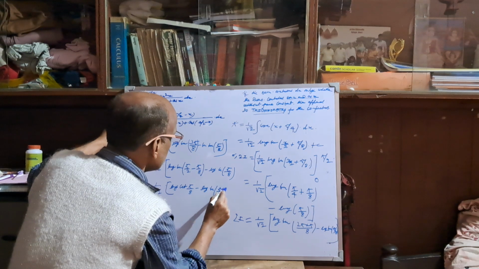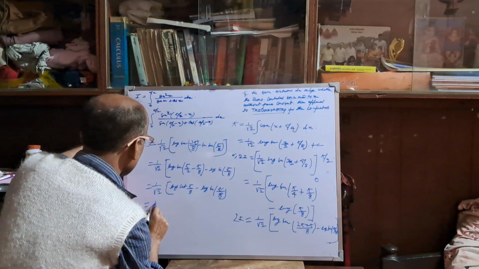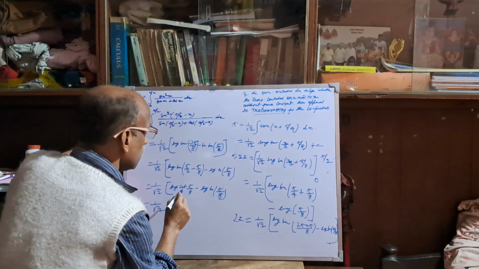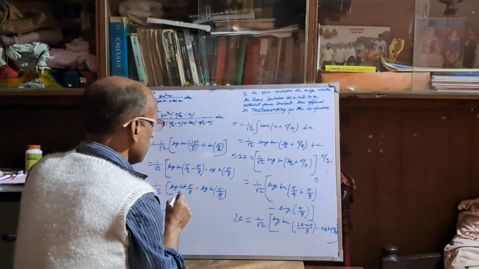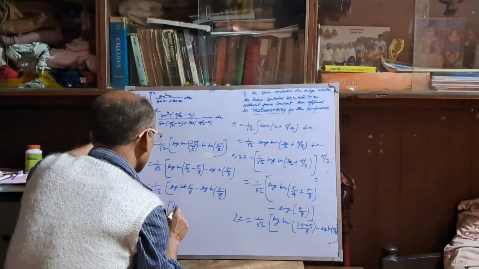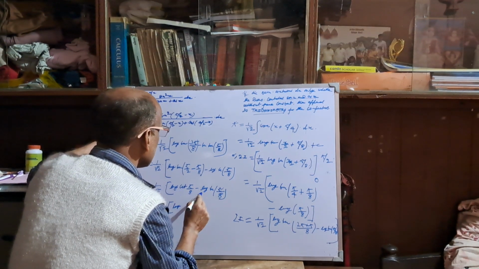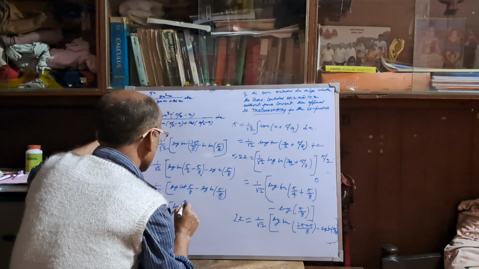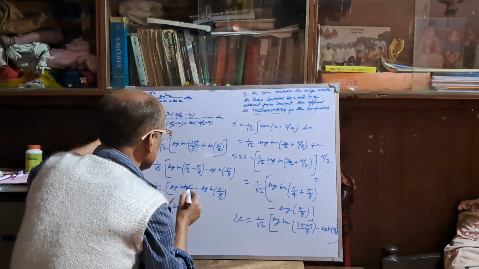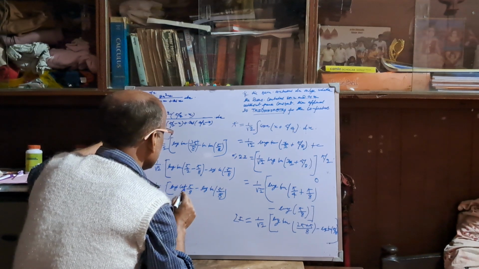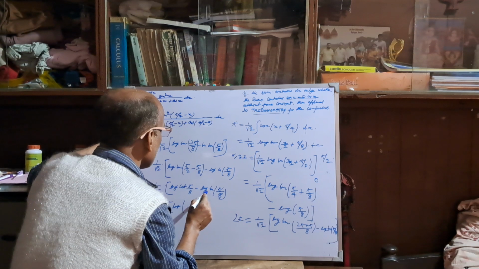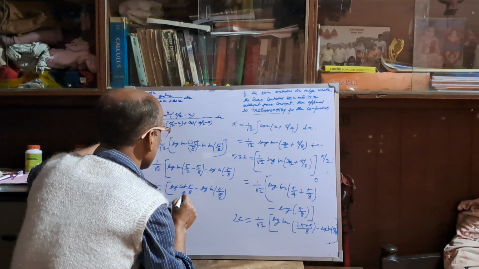And this will be 1 by root 2, 1 by root 2, and here is log a minus log b. I can write this directly, but here I will use log a minus log b is equal to log a by b.